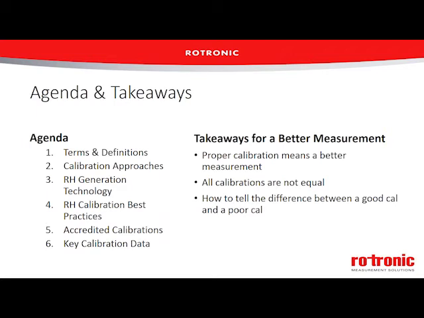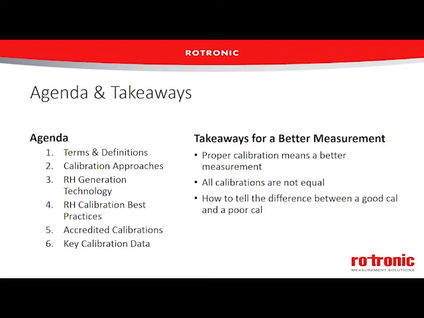There are a lot of different ways of performing a humidity calibration. We'll take a look at some of the relative humidity generation technologies, so how we would create our relative humidity set points, and then we'll look at some best practices to go along with those technologies.